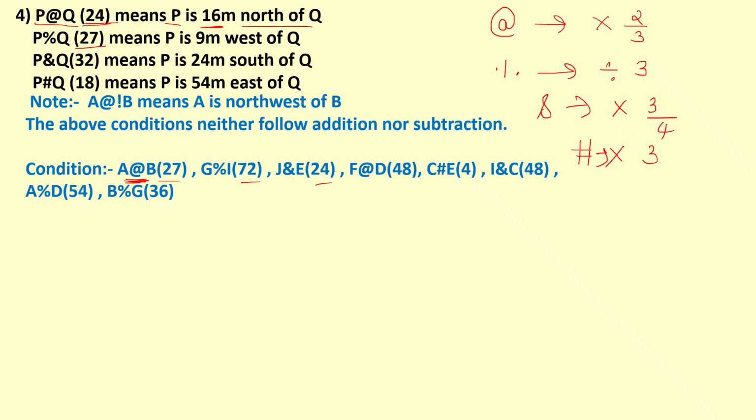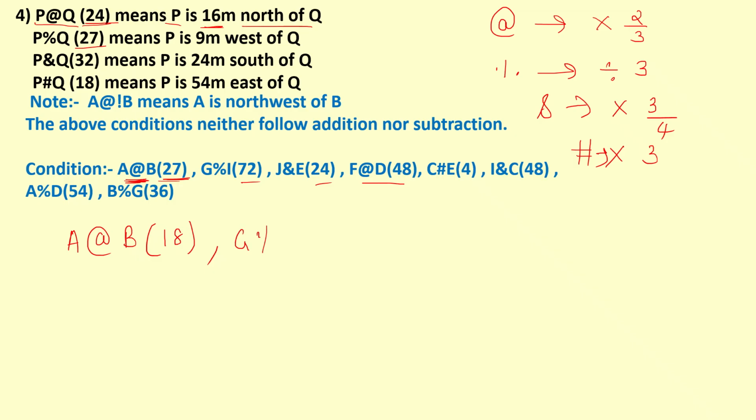So first here, for 27, 8 is there. So 8 I need to multiply by 2 by 3. So what will you get? A at B: when you do 27 into 2 by 3, you will get 18. Next, first solve all at. Here also at is there. F at D. Here also you need to multiply 48 into 2 by 3, correct?